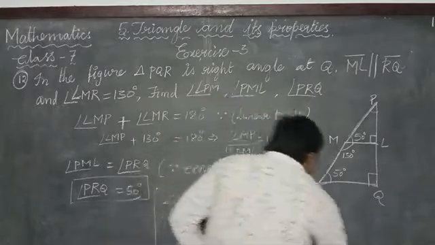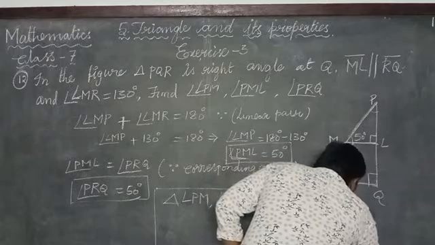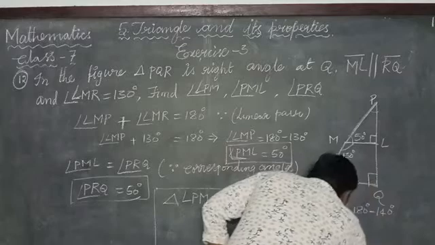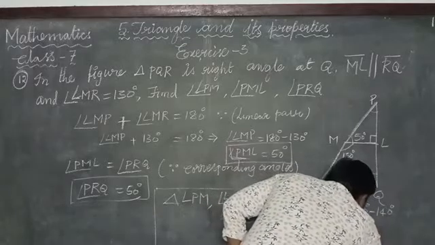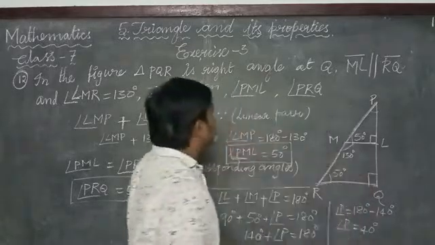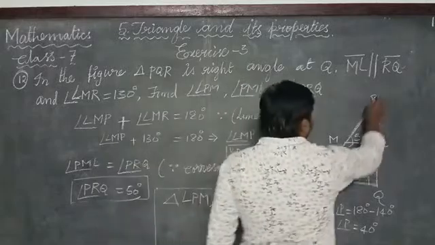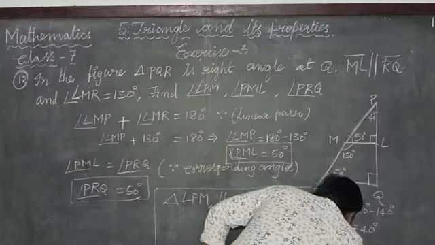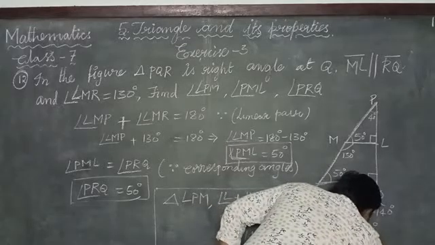From that, angle P equals 180 degrees minus 140 degrees. Then angle P equals 40 degrees. This angle P represents LPM. Then angle LPM equals 40 degrees.